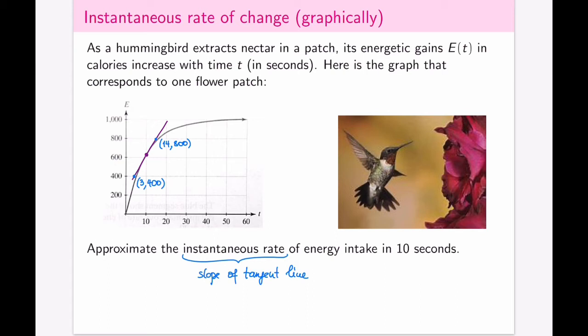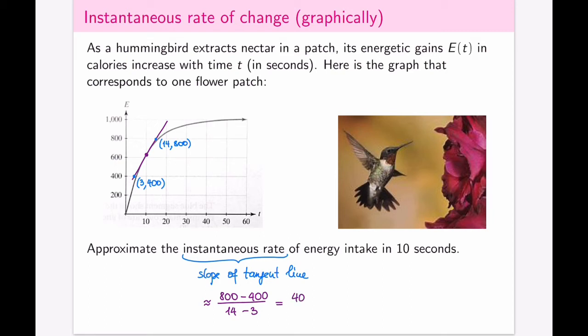So what I will have is the slope of the tangent line is then approximately equal to, I have to write approximately because my numbers now are definitely not exact because they're just approximations from the graph. It's going to be rise between these 2 points, so 800 minus 400 divided by the run between these 2 points, so 14 minus 3.